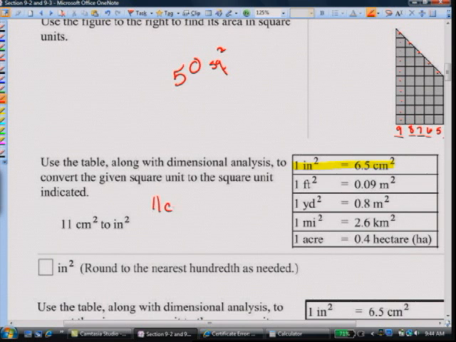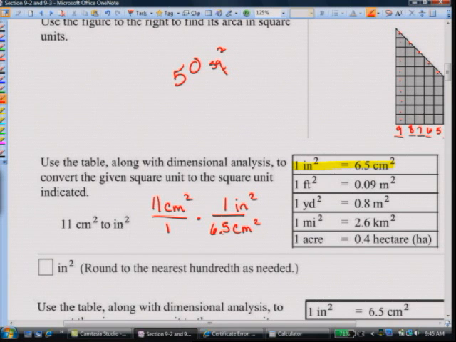We have 11 centimeters squared over 1. We're going to multiply that by the unit multiplier. We want to get inches squared, and we need to cancel centimeters squared, so we're going to put that on the bottom. And then you just put what the ratio is. They tell you that 1 inch squared is 6.5 centimeters squared.